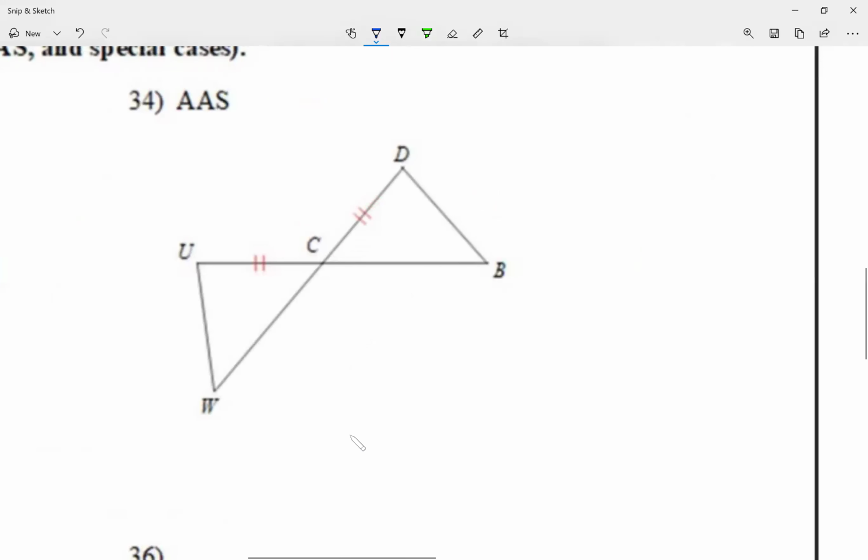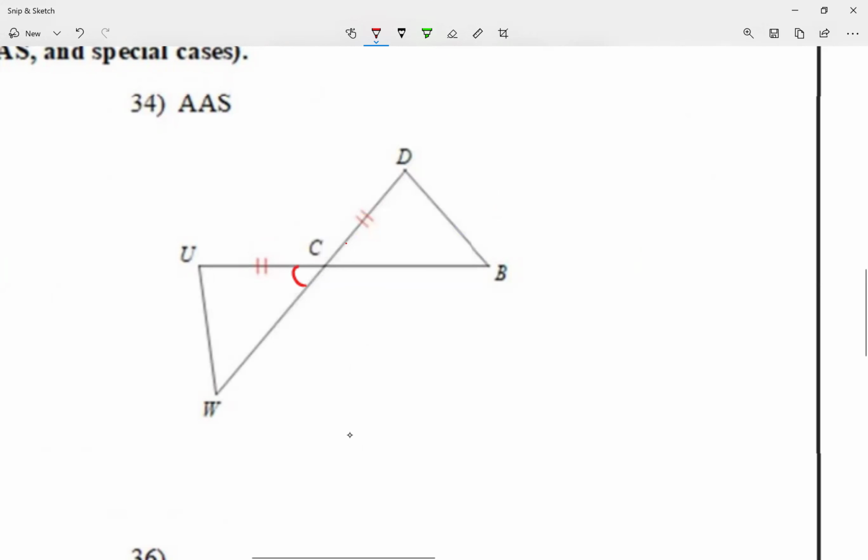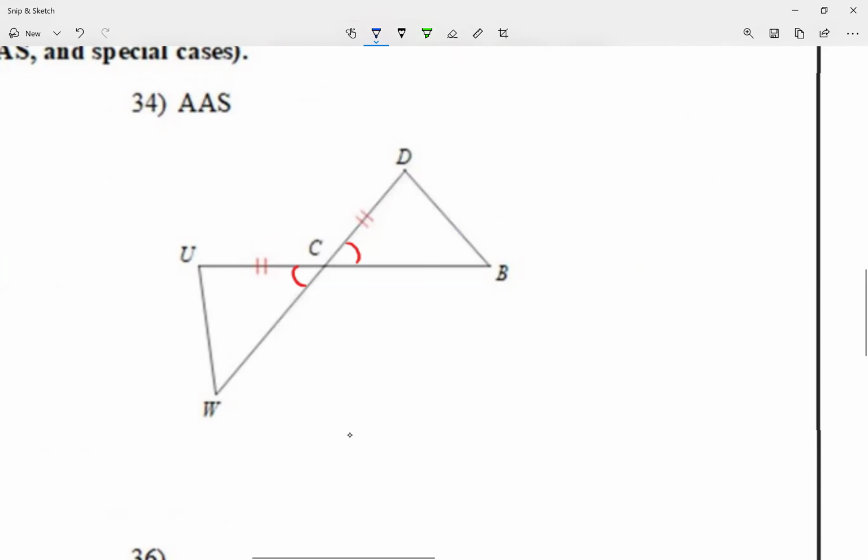Now let's take a look at number 34. I can say this angle is equal to this angle. I want this to be angle side. So two angles and a side, but the side is not included. So the side is not in between the angles. So I'm looking at that triangle on the left, and I first start thinking, can I mark this angle?